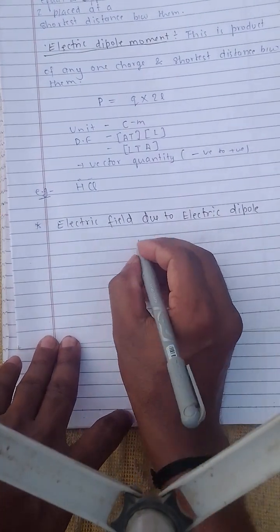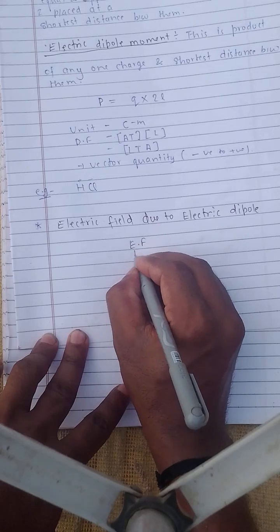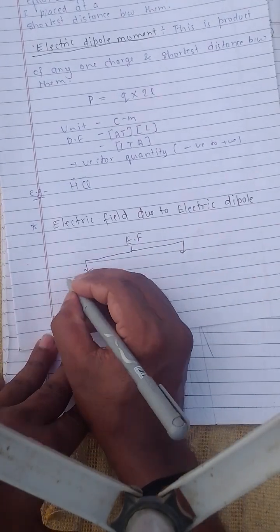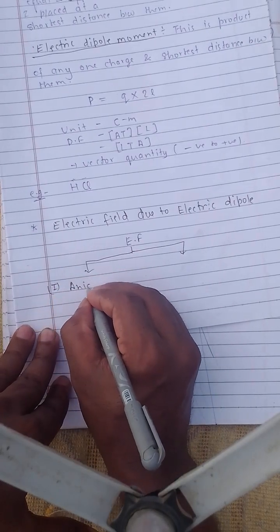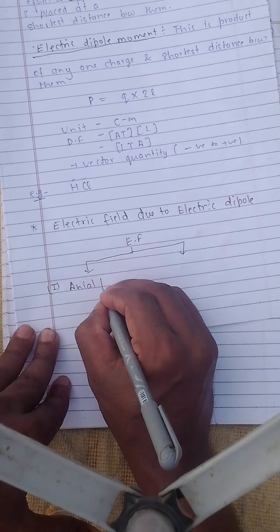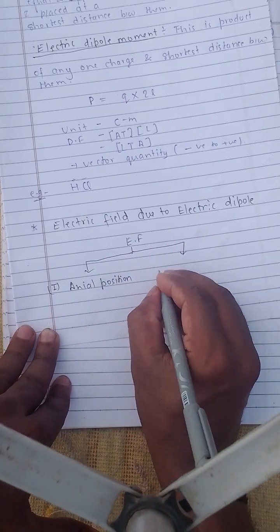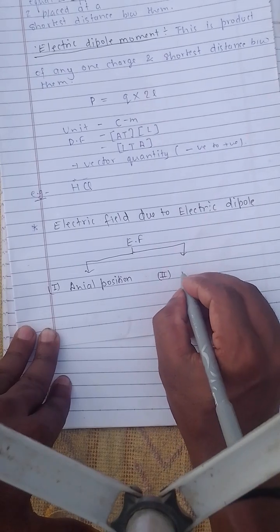Here we discuss the electric field at two positions. First is the axial position, or end-on point, and second is the equatorial position.